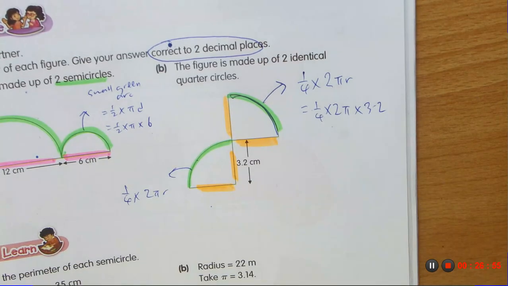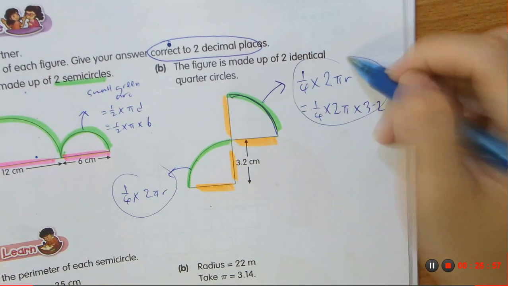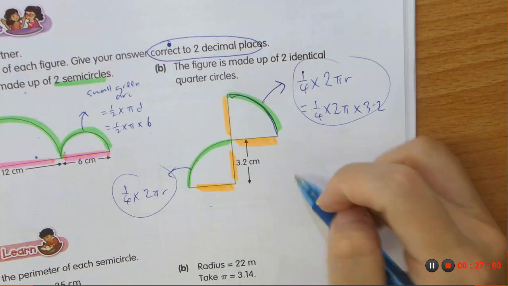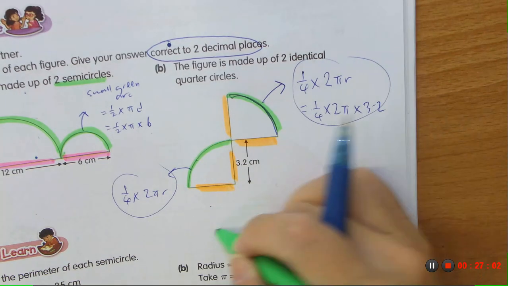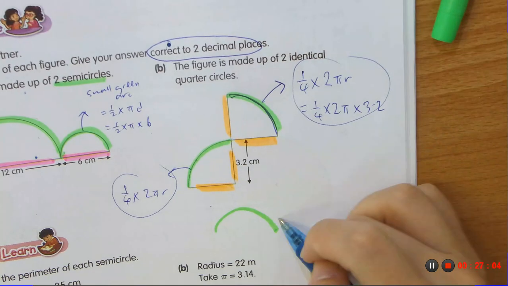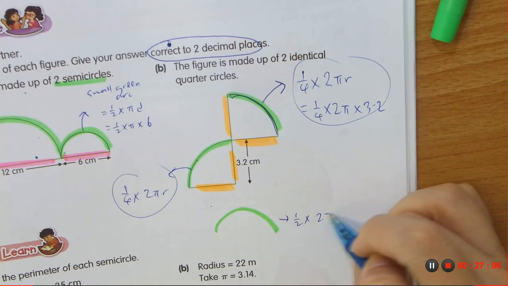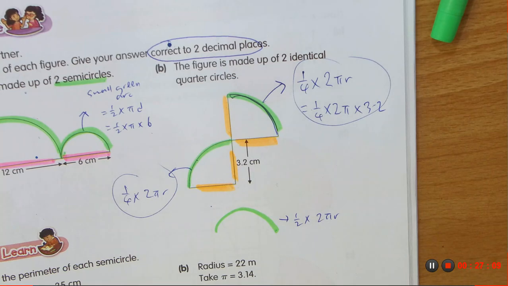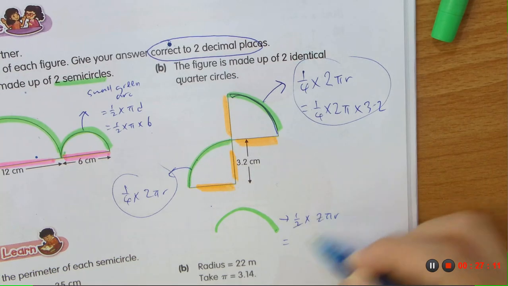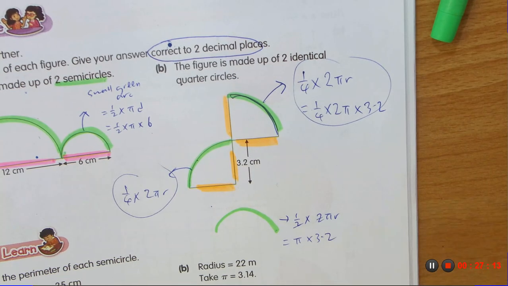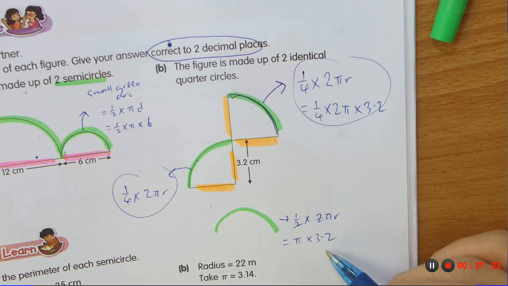You realize that I could just simply add these two together. So like Kershin said, to find the green arc, I could just combine them into an entire green arc, and that would just be half times 2 pi r, which you could simplify easily to pi r. It's the same thing, right? I will do 3.2 times 2, then times half again, and you will get the same thing.